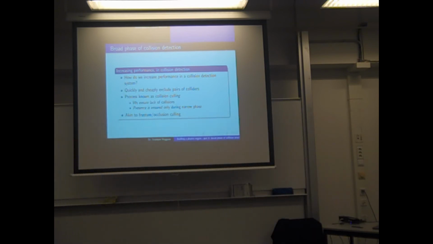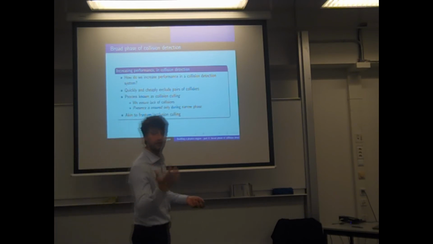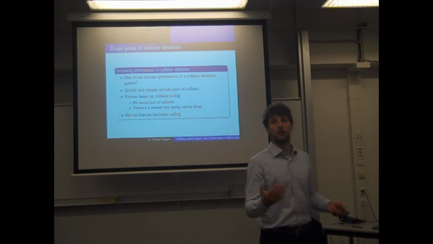When you're doing rendering, objects which are outside of the screen, you do not care about rendering them. It's a waste of time, obviously. Frustum culling and its bigger brother occlusion culling mean that you do not send to the rendering pipeline objects which you are certain will not appear on the screen.